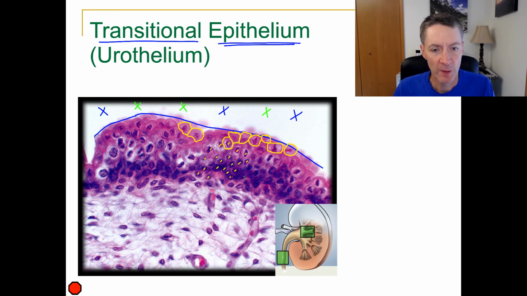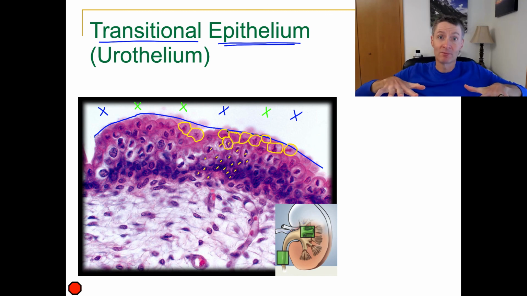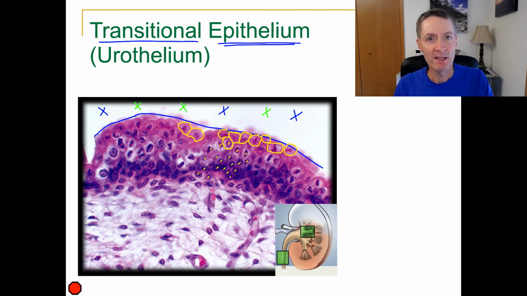So imagine this being the wall of that bladder. And all of these cells of transitional epithelium will actually spread out. So where we see stretchy walls like the bladder that can really expand to take on and store urine, we find transitional epithelium.